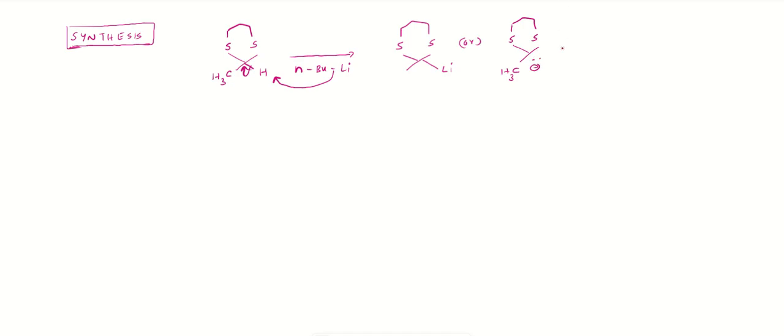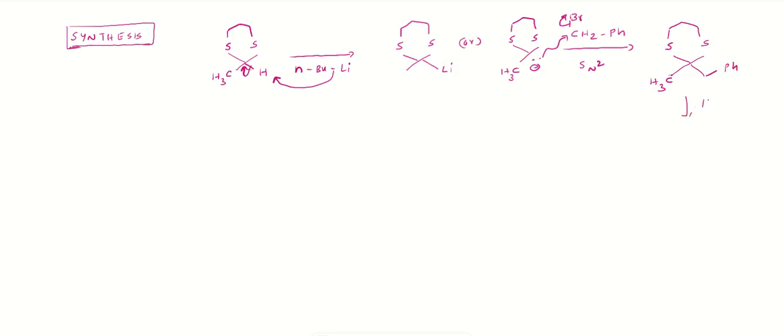Now this anion on SN2 reaction with benzyl bromide, CH2BrPh, this is SN2, Br is lost, and then I'll get S, CH3 here, and then CH2Ph here.